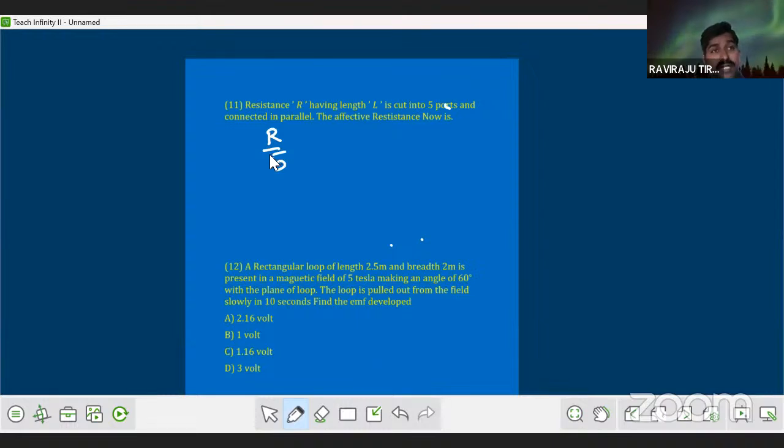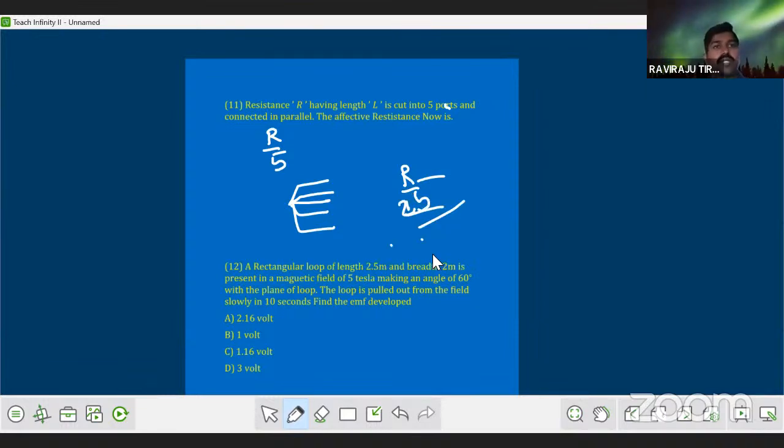But how were they connected? All the 5 were connected in parallel. Then what is the answer? The resultant resistance is R by 5 by 5. Otherwise, you can use the general formula 1 by R equal to 1 by R1 plus 1 by R2 and so on. Then you will get the final resistance as R by 25.